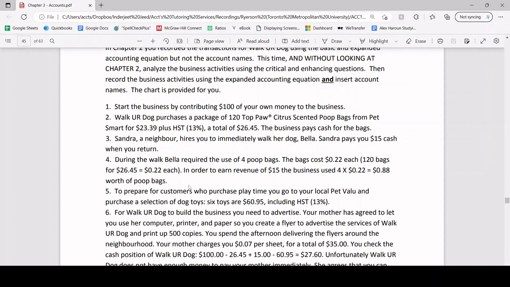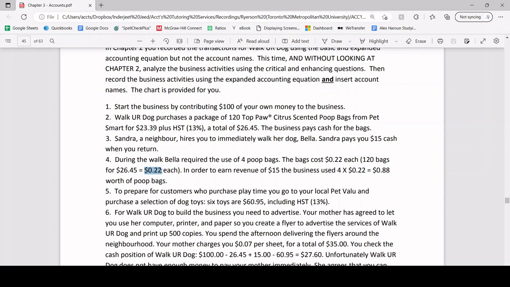And these poop bags were used to help us earn revenues. Remember, the definition of an expense is cost is incurred, used up, or consumed in order to help us earn revenues, because you're never ever going to spend money if it's not going to help you earn revenues. It's pointless at that point, right? So we used up 4 poop bags, and the cost per poop bag is 0.22.